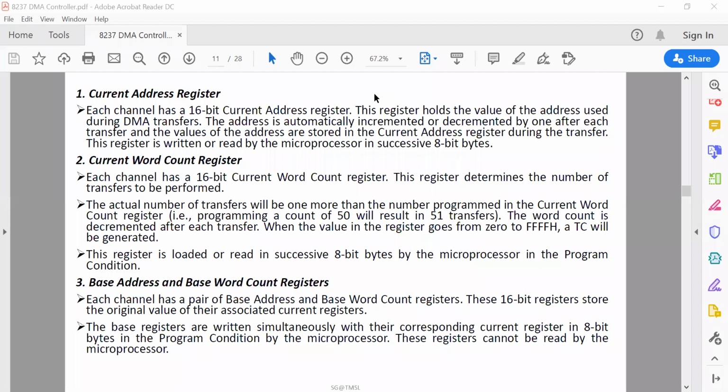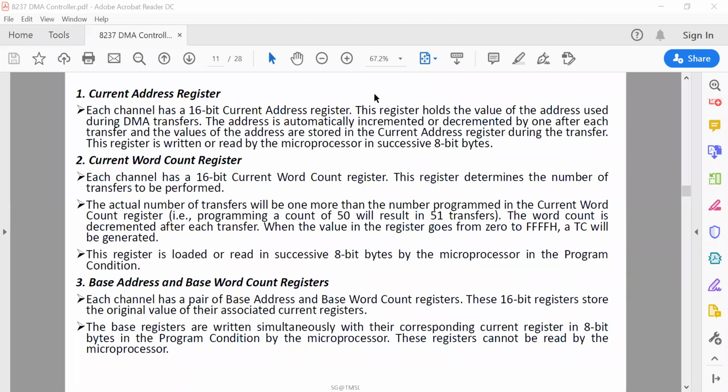Okay, now what is the base address current address register? Each of the DMA channels of 8237 has a 16-bit current address register that holds the current memory address that is being accessed during the DMA transfer. The address is automatically incremented or decremented after each transfer, and the resulting address value is again stored in the current address register.